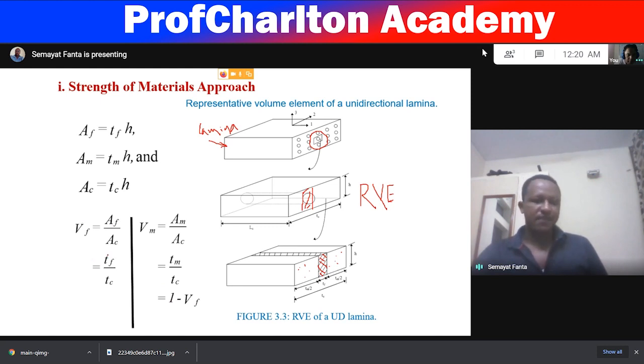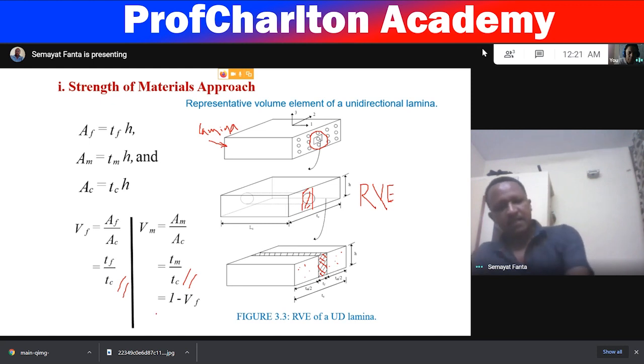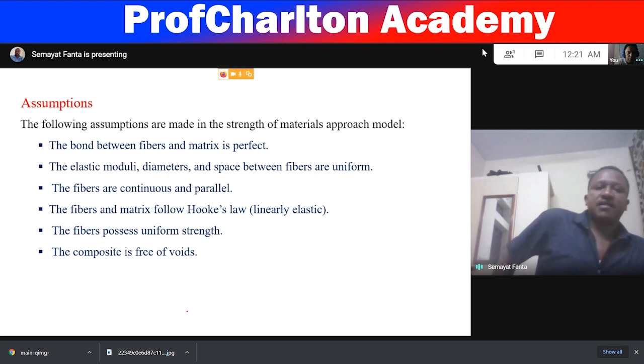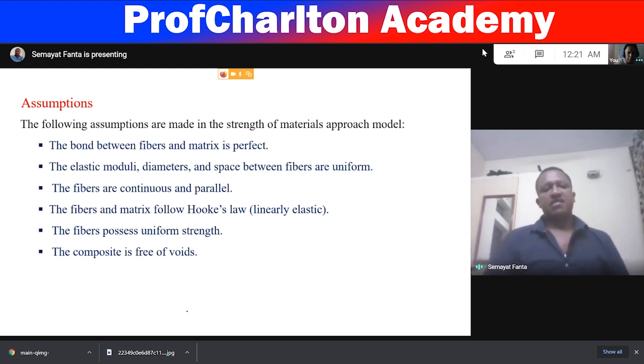So Vf is equal to thickness of fiber over thickness of composite, because we can use this formula. Finally what we can get is this one and this one. So there are certain assumptions required here.